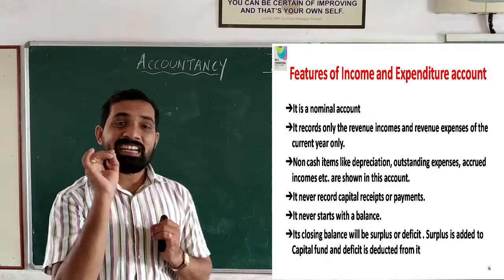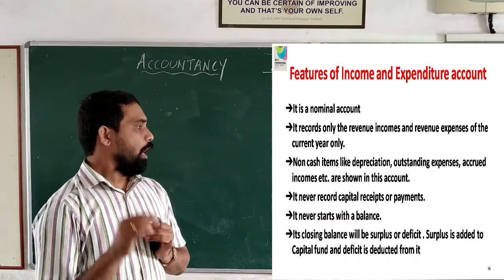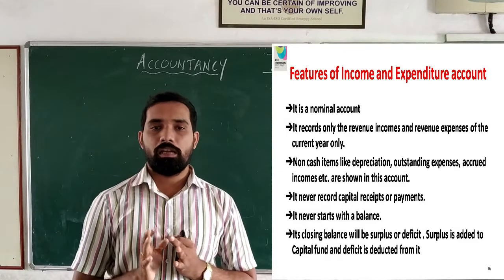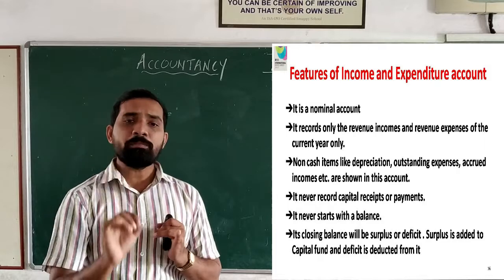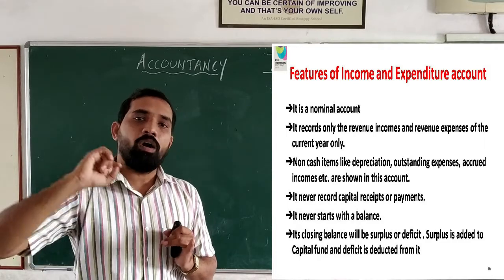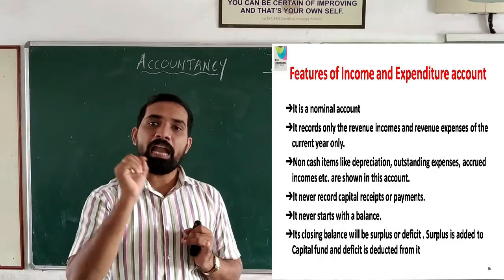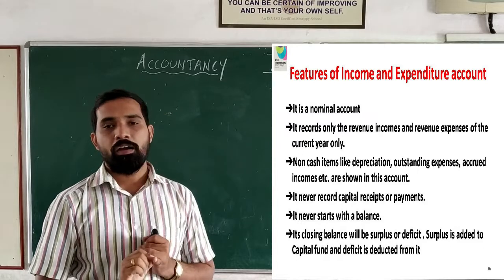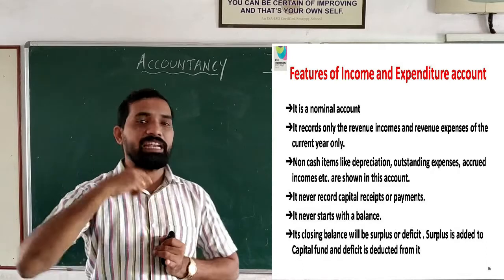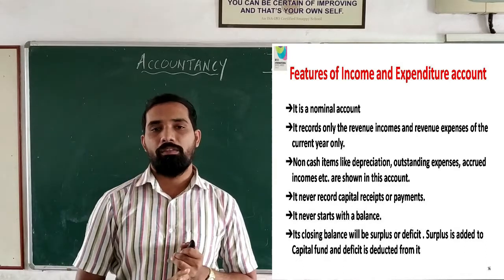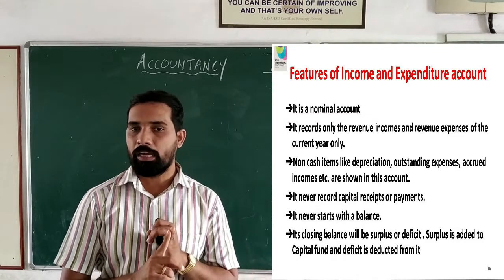And the next one, it never starts with opening cash balance and closing cash balance. And the last point, its closing balance will be surplus or deficit. If it is surplus, it is added to capital fund, or if it is in deficit, it is deducted from capital fund. These are the main important features of income and expenditure account.